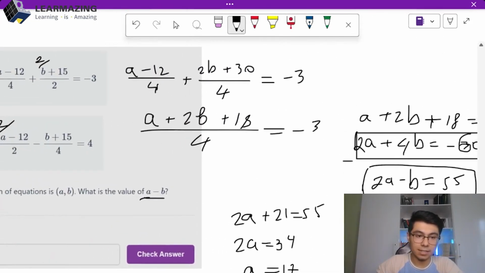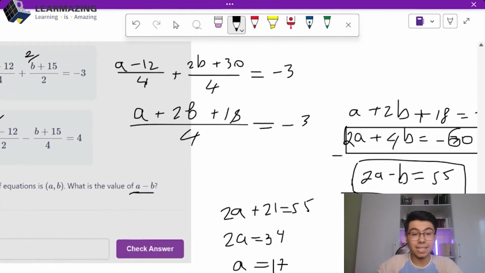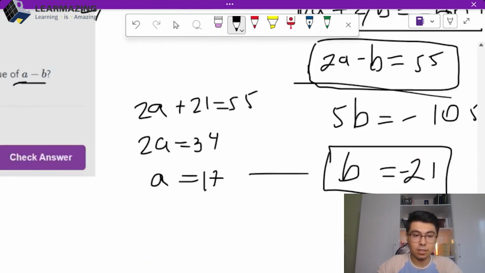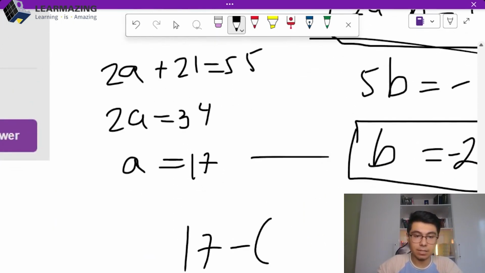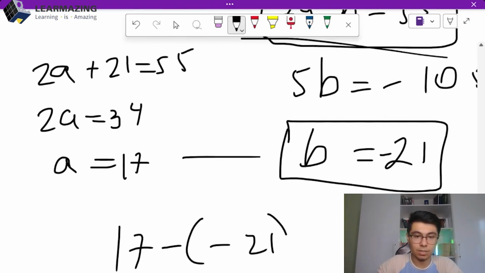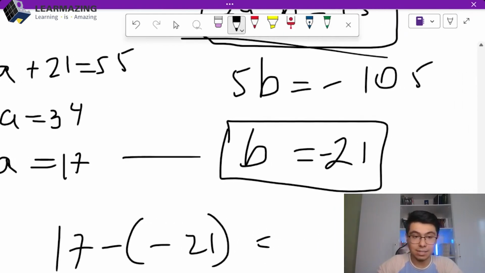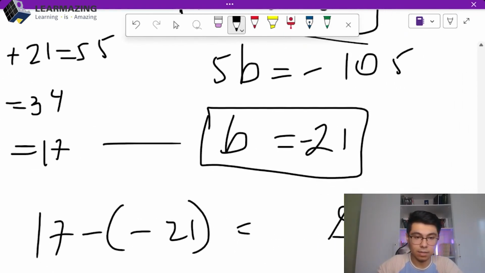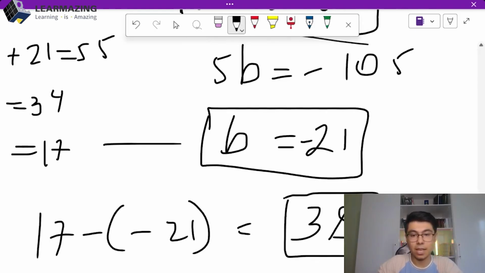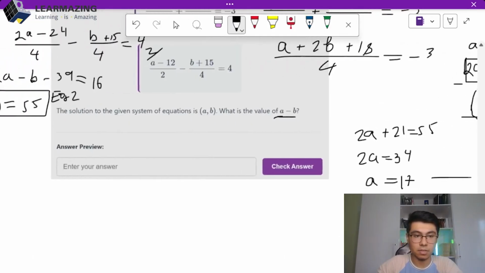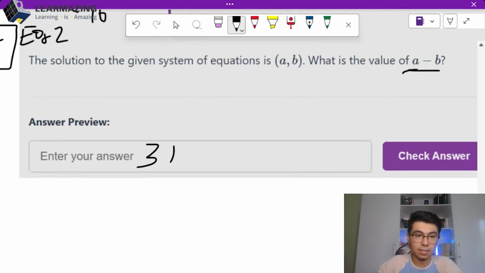So the question asks for the value of A minus B. So that would be 17 minus negative 21. Double negatives equal a positive. So we have 38, and our answer is 38. And that's a free response question, so you can write 38 here.